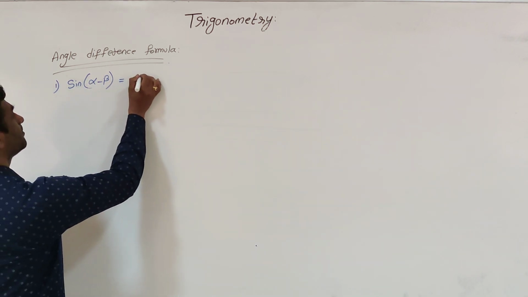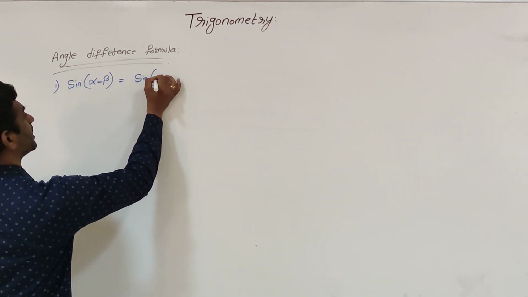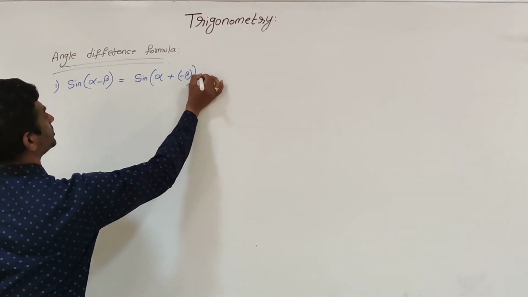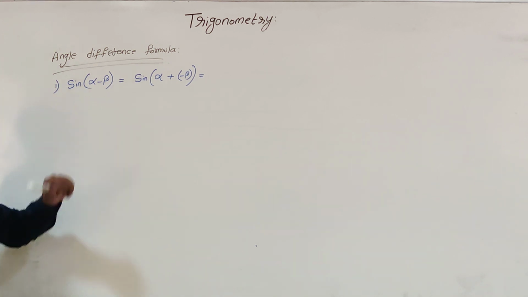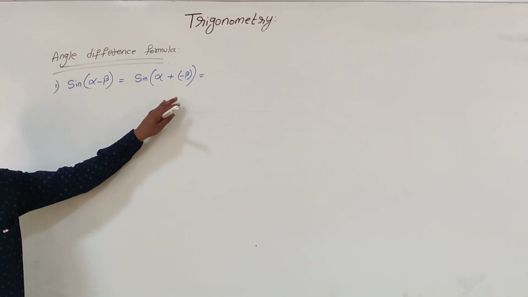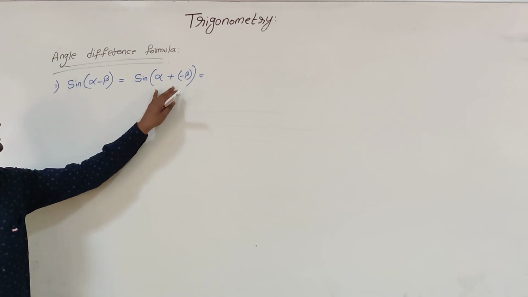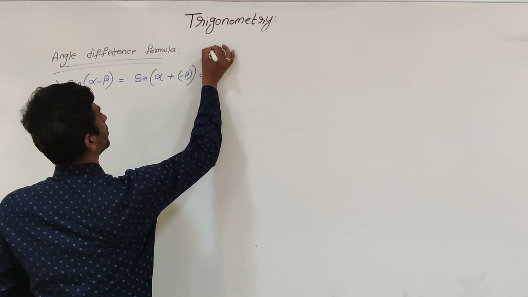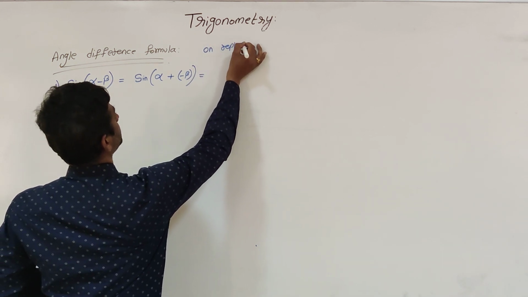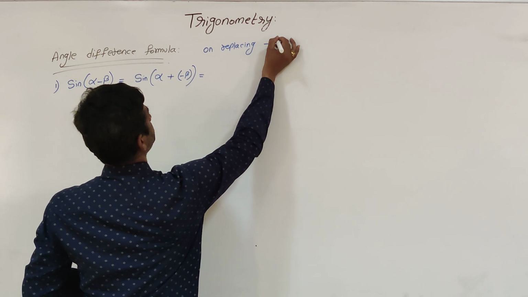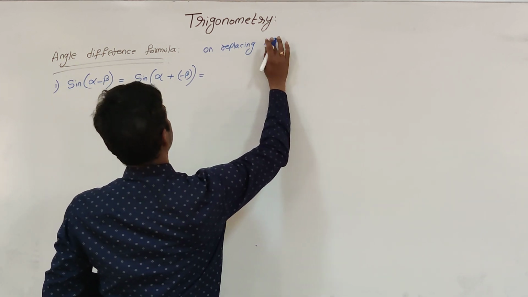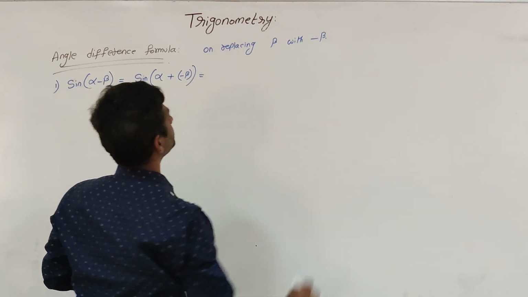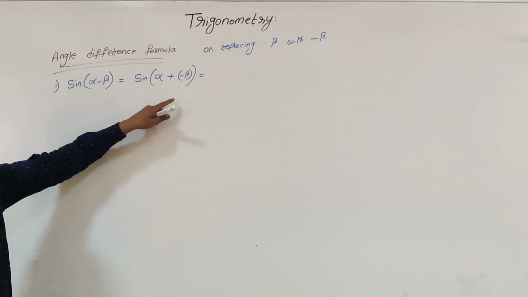So sine of alpha minus beta can be written as sine of alpha plus of minus beta. Plus into minus becomes minus. So alpha is alpha, but in the place of beta it is minus beta. Wherever beta is there, we have to replace it with minus beta.